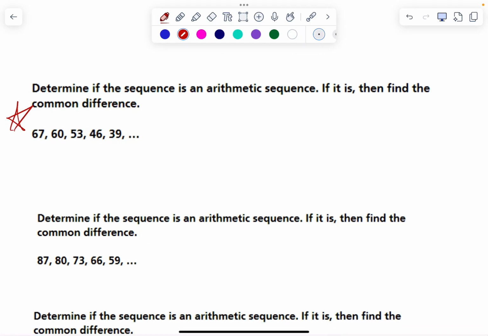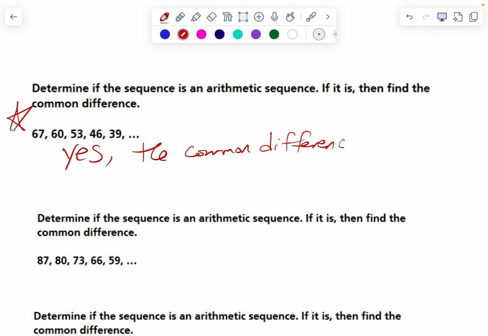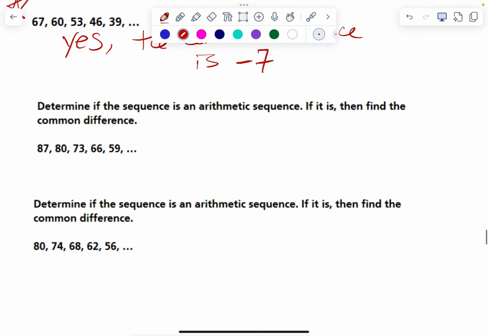Okay, is that an arithmetic sequence? Everybody give me a thumbs up or down. What's the common difference? 7. No, it isn't. Is this going up by 7 every time? Oh, so it's negative. Good. Okay, go ahead and do those two, and then we'll check both.